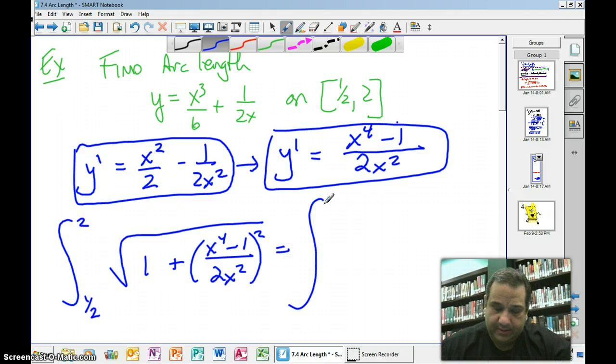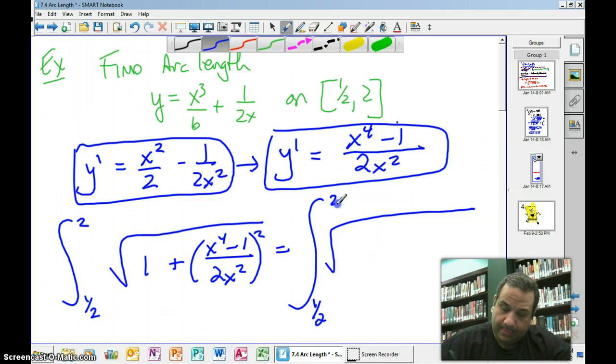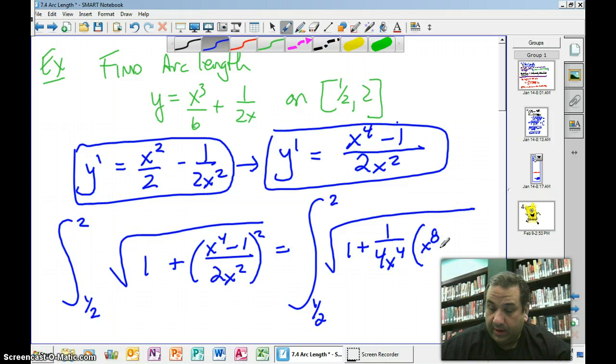I guess I can factor out the bottom. Okay, and this just becomes some tedious stuff, but whatever. You can handle it. It's all algebra. Okay, 4x to the 4th, and then this is going to be this squared, so it's going to be x to the 8th minus 2x to the 4th plus 1, and that's what I'm looking at right now.